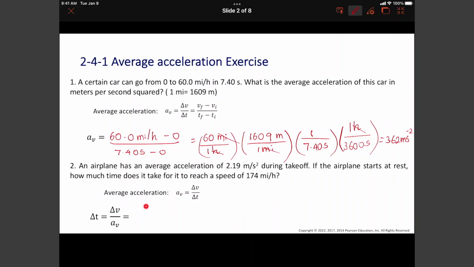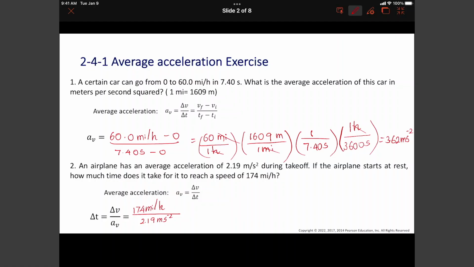It starts from 0 and goes to 174 miles per hour, so it is 174 miles per hour minus 0, which is just 174. And the average acceleration is given as 2.19 meters per second squared.